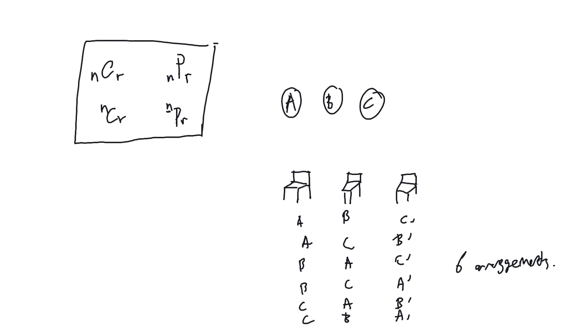And for the second chair, because one person has been allocated to the first chair, the remaining persons that you can put in the second chair is two, and the last chair is just one. So altogether there are six arrangements.